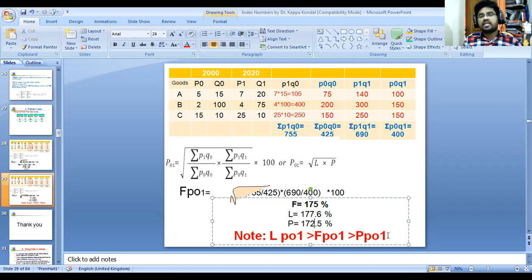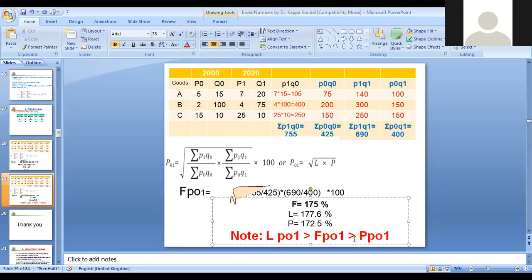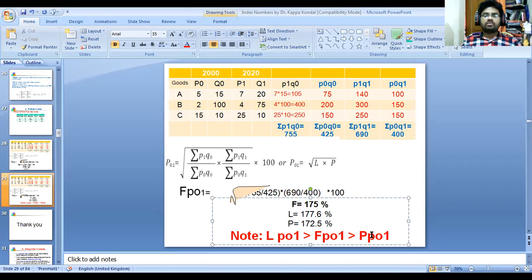Exactly what we can say is that the Fisher index is a geometric mean, a geometric average of Laspeyres and Paasche. So is this clear about these things? Hello, dear students, am I clear? Yes, sir. This is very important.